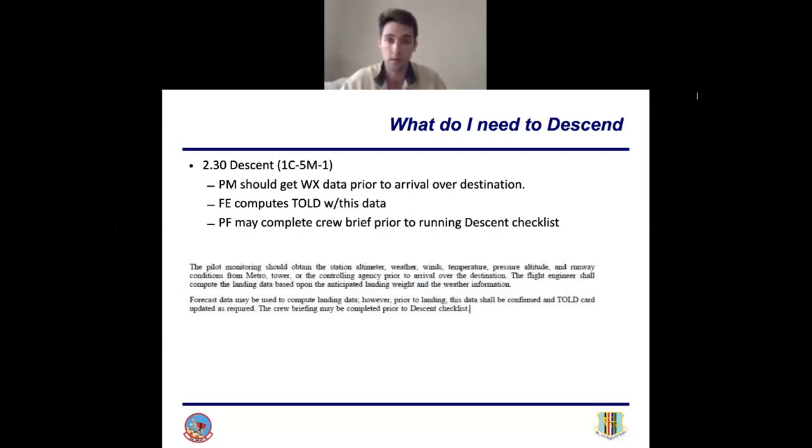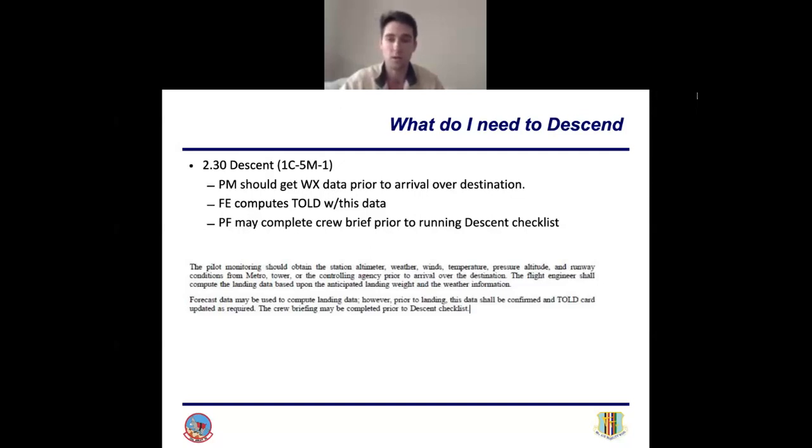And then with that TOLD, you do your brief, which is one of the first steps in the descent checklist. If you look at the snippet I put down there, that's the full verbiage out of the Dash 1. It tells you that the forecast data that you get in your papers or from the box can be used to get your TOLD.